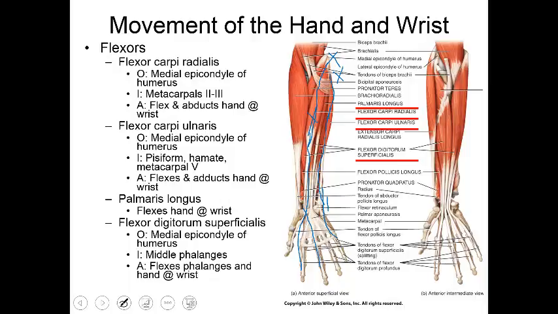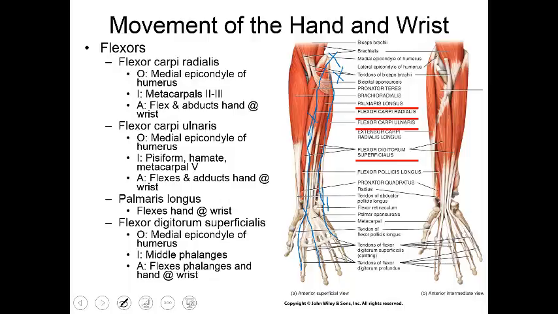So we looked at two muscles, the Flexor Carpi radialis and the Flexor Carpi ulnaris. Out of all the muscles in this region, these two are the superficial ones. Now if you were to remove them, you look at the muscles that are underneath them.